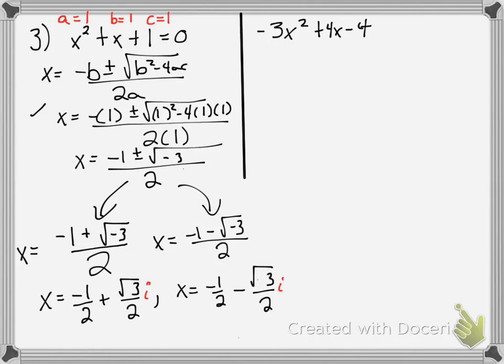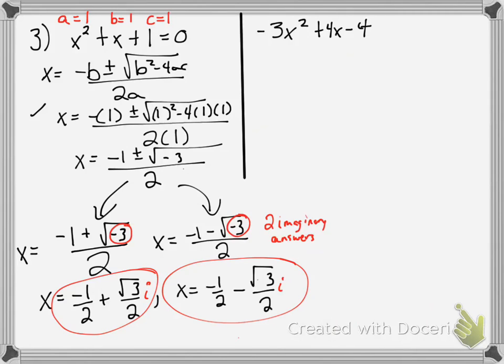This is a point where the discriminant was a negative 3, which tells us that we should have two imaginary answers, which is exactly what we got in this case. Negative 1/2 plus square root of 3 over 2i, negative 1/2 minus square root of 3 over 2i.